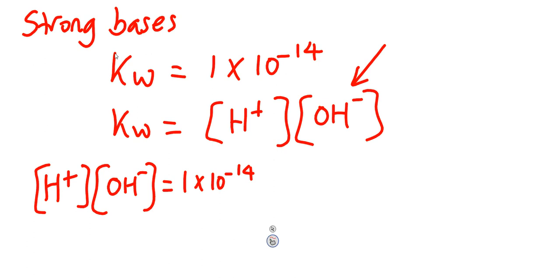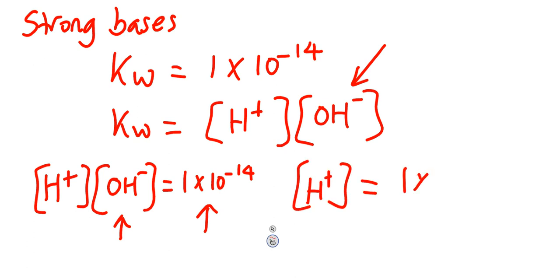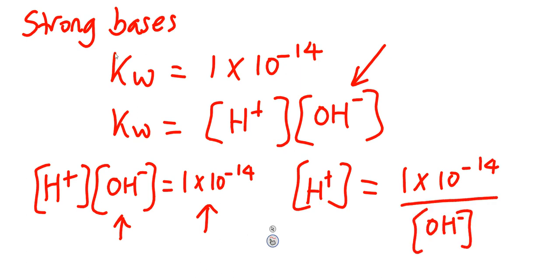So if you know your hydroxide ion concentration, and you know that value, it's possible to rearrange the equation to calculate H plus. And the moment you know H plus ion concentration, you can use pH equals minus log to the base 10 of hydrogen ion concentration to work out the pH.